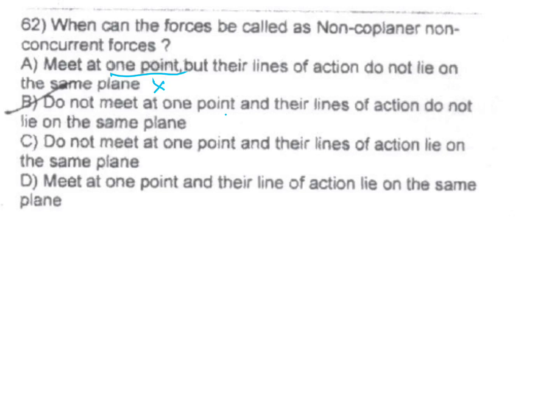C, do not meet at one point: this is non-concurrent, but their lines of action lie on the same plane, so this is coplanar. D, meet at one point: one point means this is concurrent, and lines of action lie in the same plane means coplanar. So B is the answer: do not meet at one point and their lines of action do not lie on the same plane.